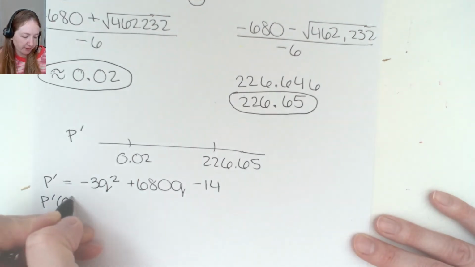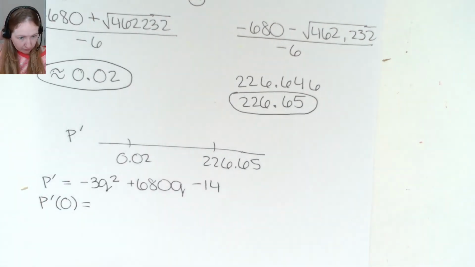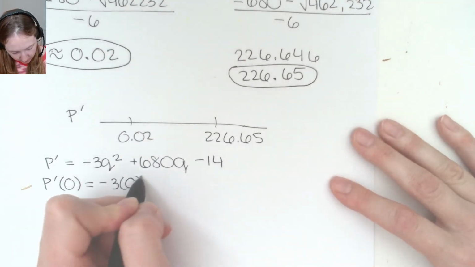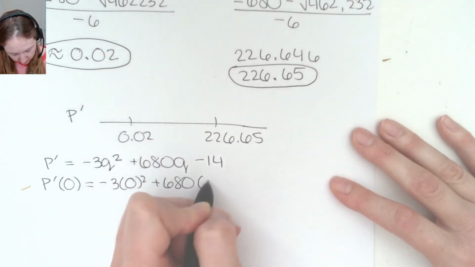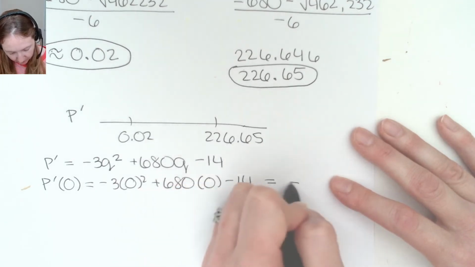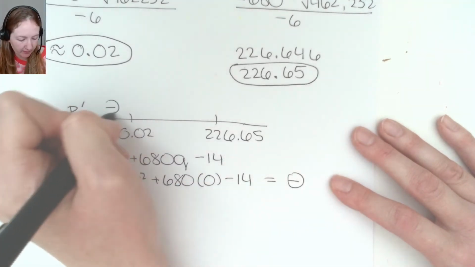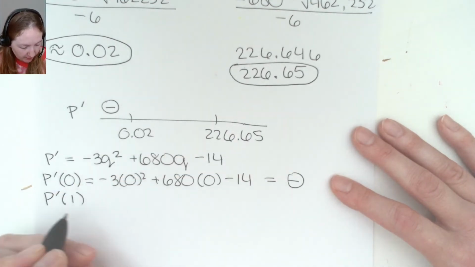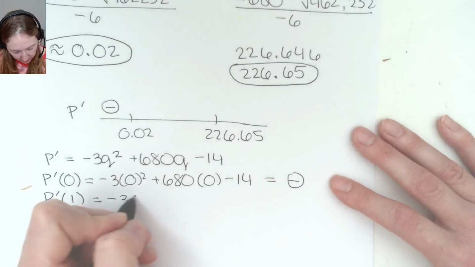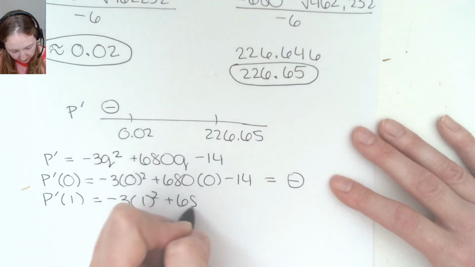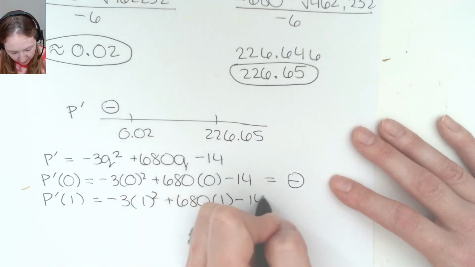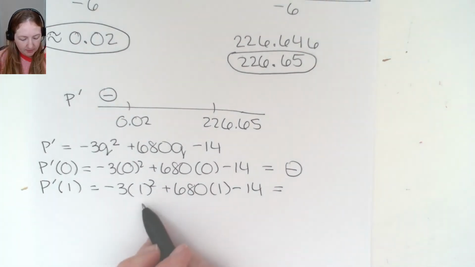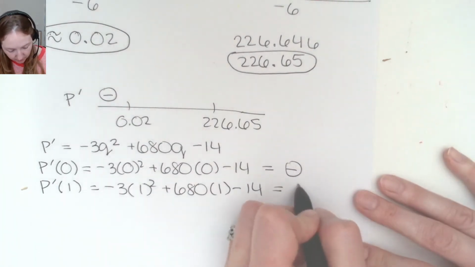So I might plug in 0 for this first interval, and that's going to give us 0 minus 14, so that gives us a negative. And then from 0.02 to 226.65, maybe I plug in 1, get negative 3 times 1 squared plus 680 times 1 minus 14, and that is going to give us a positive.